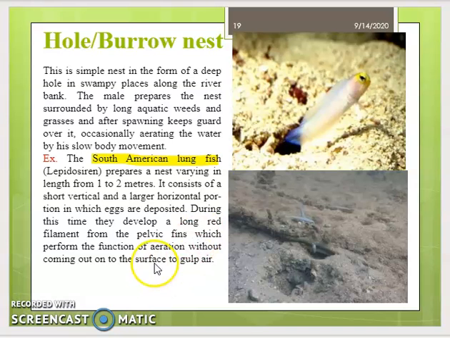And at the time of the spawning season, these fishes will spend their time inside this hole or the burrow nest, and at this time the pelvic fin will be developing a filament, which performs the function of aeration. At that time they do not come out for gulping the air. They will simply rest inside this hole. So this is a type of parental care exhibited by this Lepidosiren.